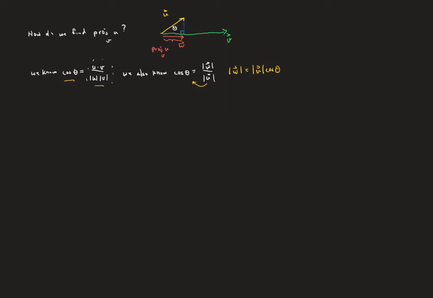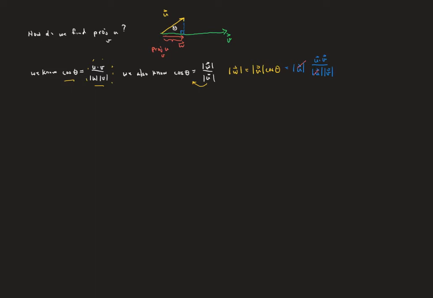So this is now the magnitude of U, and that cosine theta we replace by U dotted with V over magnitude U times the magnitude of V. And so we can cancel those magnitude of U's. Those are the same number.